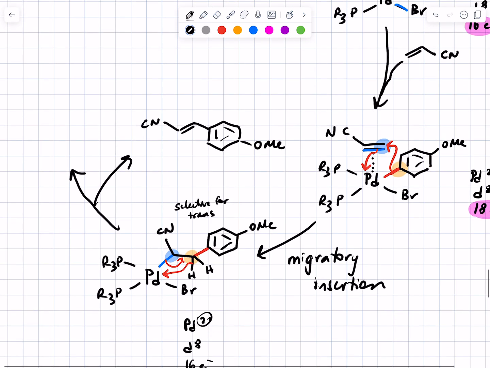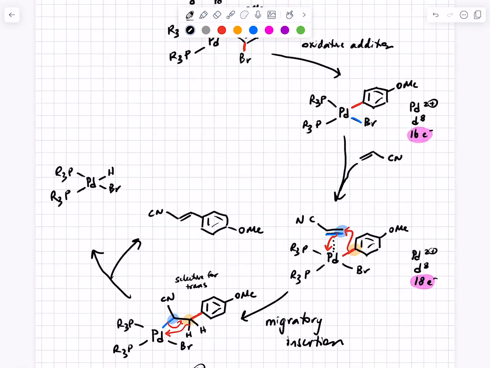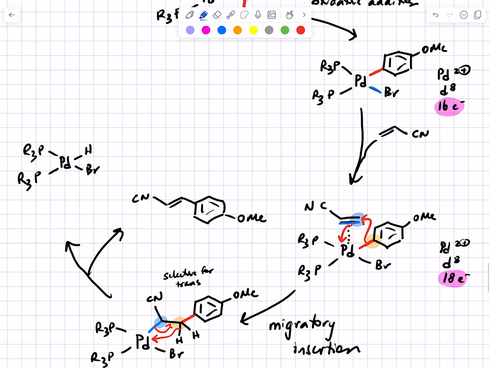And then what we're left with is still a palladium 2 species, where now the two things attached to palladium are hydrogen and Br.